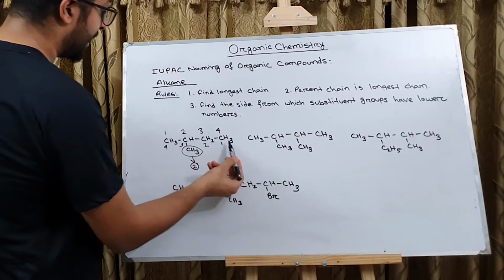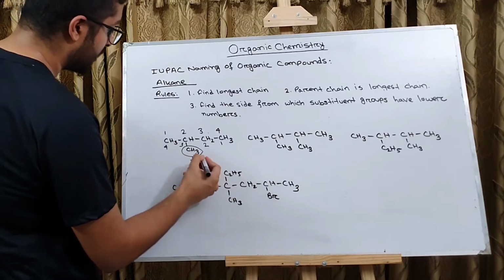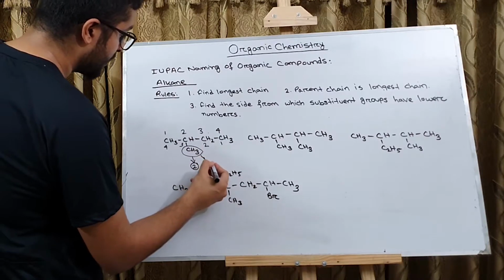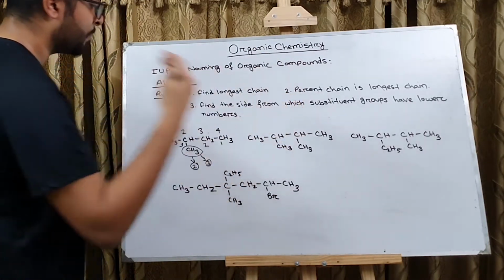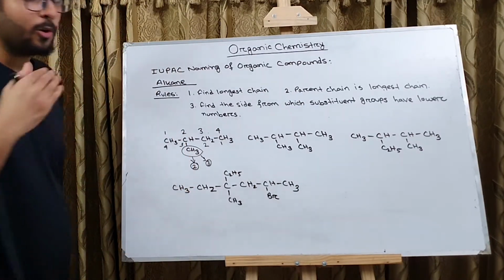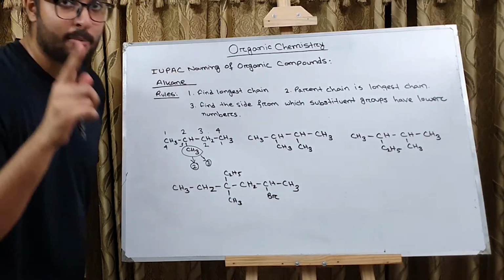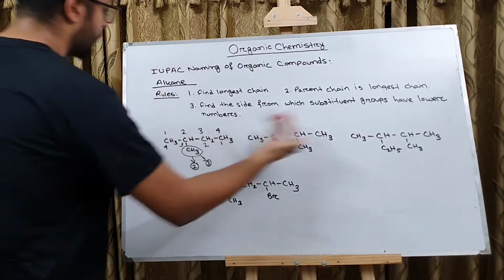But if we name it from right to left, then as we can see, it falls at number 3 carbon. And the rule says we'll have to number the carbons from the side which has the lowest number for the substituent group. So we will number it from left to right.